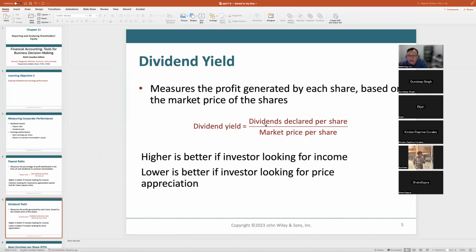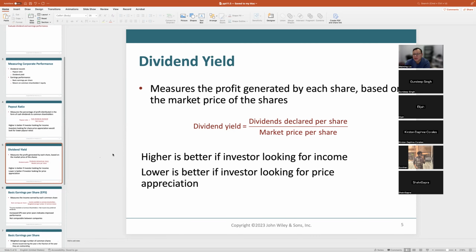You use dividend declared per share divided by market price per share. If the dividend declared per share is $1 and the market price is $10 per share, you have a dividend yield of 10%. Okay, anyone have any question?